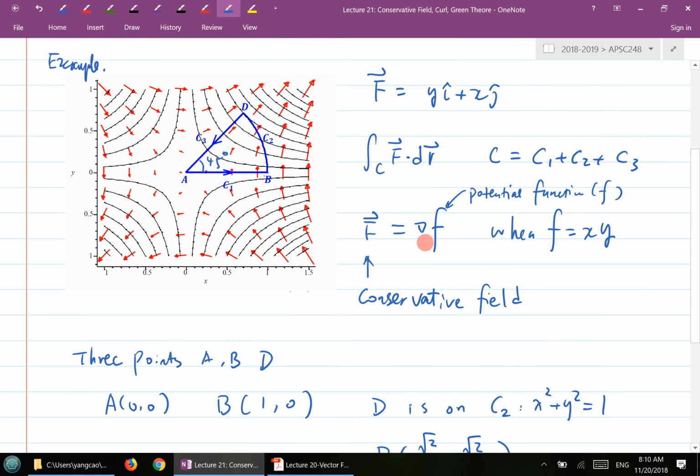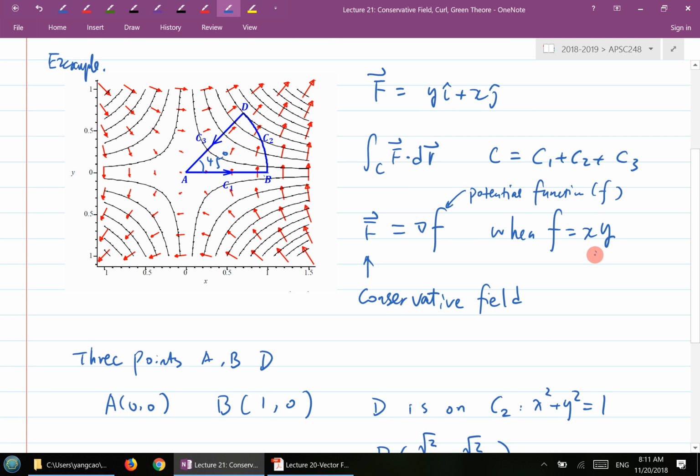We use this because at the beginning I said, I didn't show you how you get this, but I just told you this vector field comes from the gradient operation of this scalar function. How we get this, I will show you next.